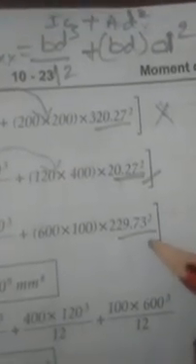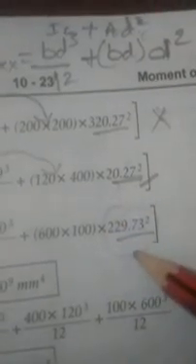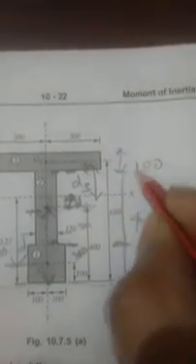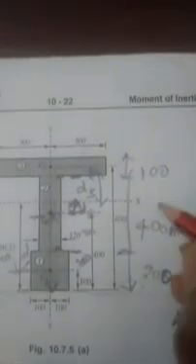That is D square for the third section. I will tell you how it comes. See here, very carefully. From here to here it is 200 mm, from here to here it is 100 mm. So total depth is 600.